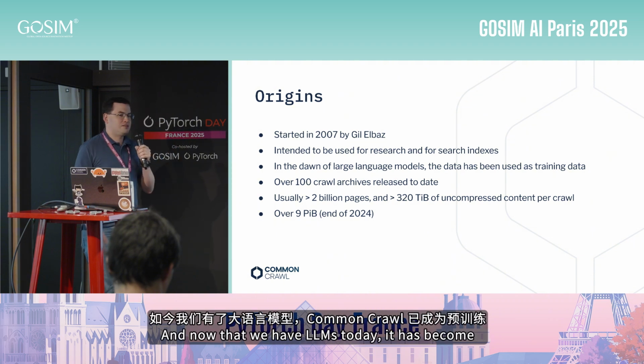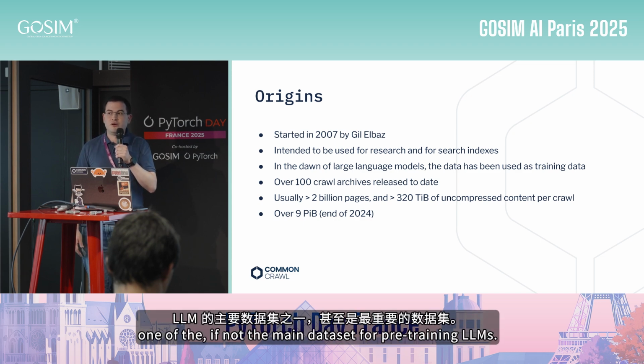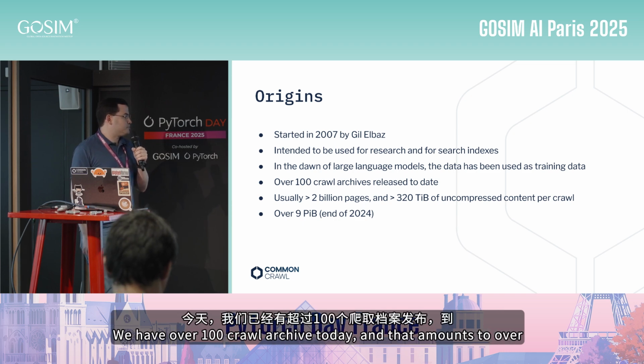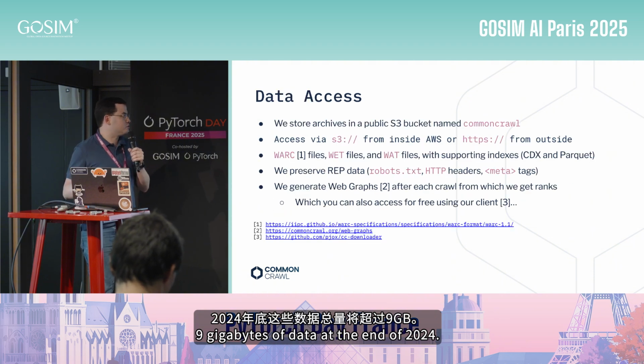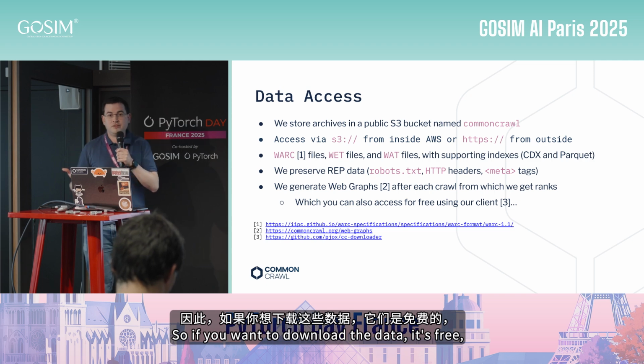Now that we have LLMs today, it has become one of the, if not the main, data set for pre-training LLMs. We have over 100 crawls released today, and that amounts to over 9 petabytes of data at the end of 2024.